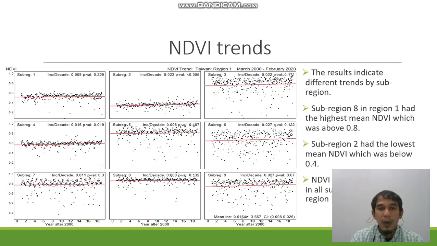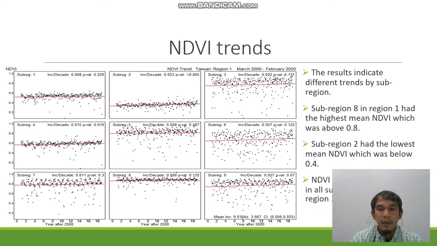For the NDVI trend, this figure shows the NDVI trend. The y-axis shows the NDVI value. The x-axis shows the year from 2000 to 2020. The result indicates that subregion 8 in region 1 has the highest mean NDVI, which was above 0.8.